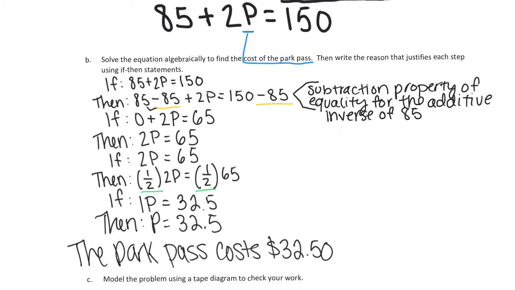So then when we do that, we have if 0 plus 2p equals 65, then 2p equals 65.